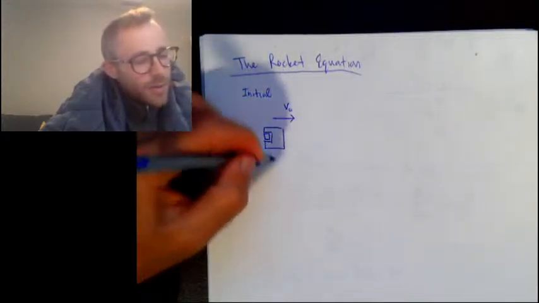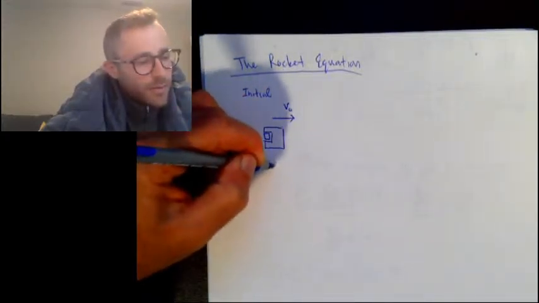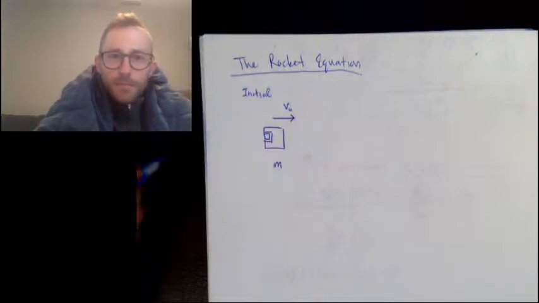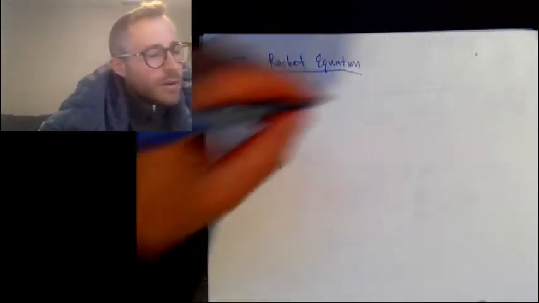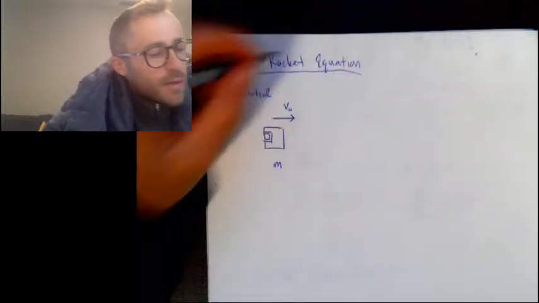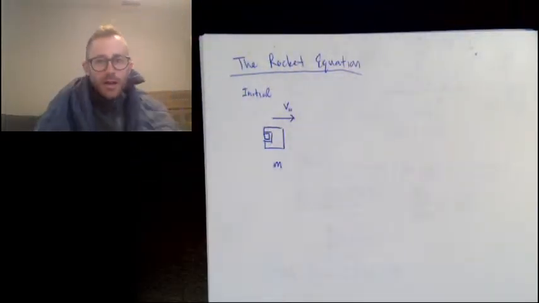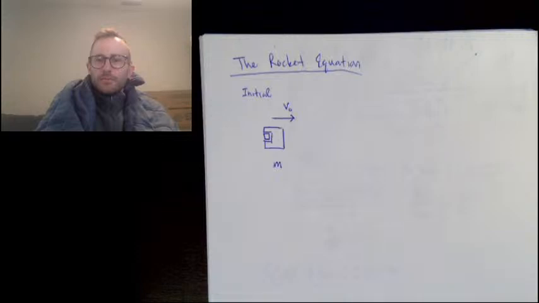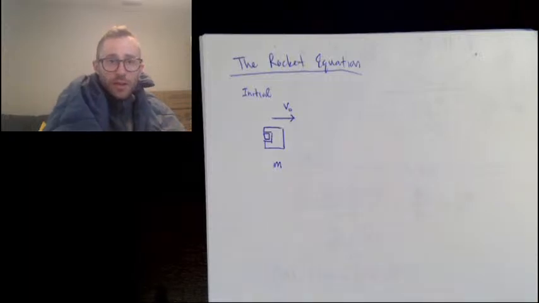And it has a mass of m. Okay. And then what does a rocket do as it accelerates? Well, it sprays out exhaust.